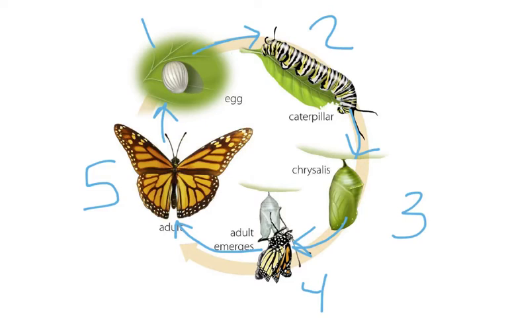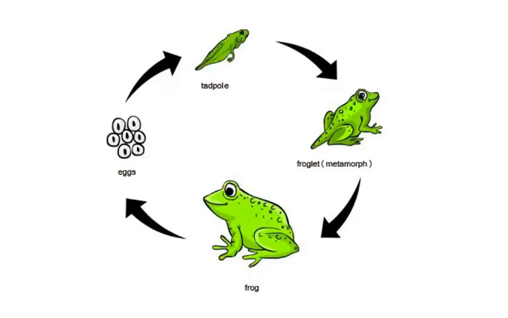Let's look at another example. Here are some frogs. So again, frogs start off as an egg. They start off in eggs, and then they grow, and when they hatch out of the egg, they're called a tadpole. And as a tadpole, they have long tails and a little round body.